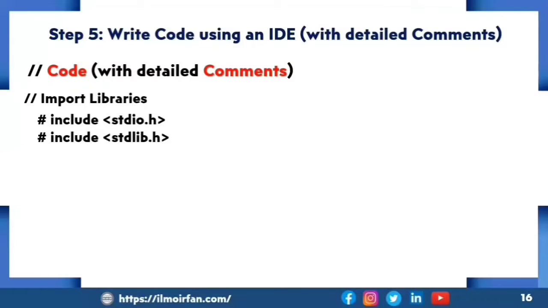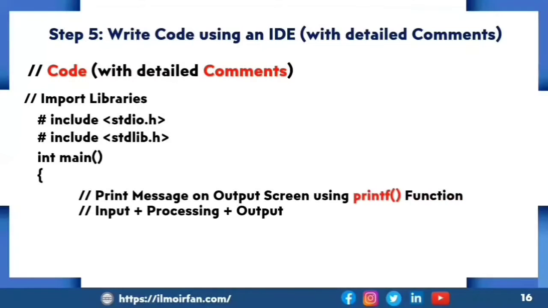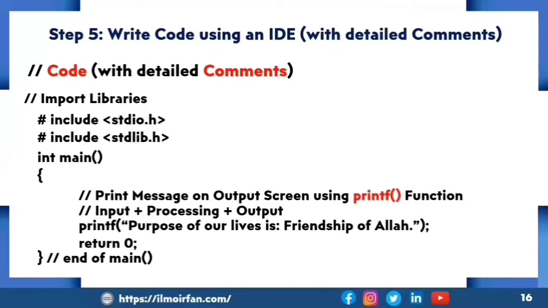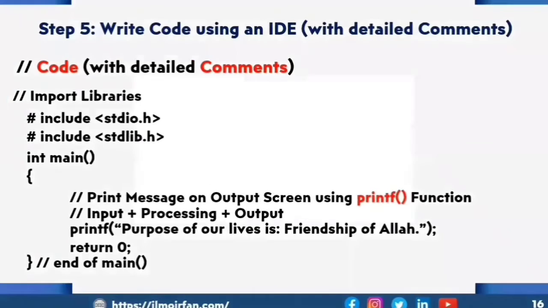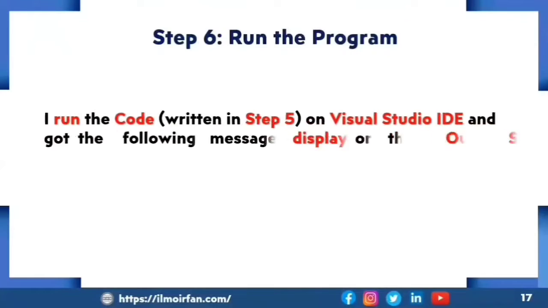Now, in the fifth step, I will write high-quality C code using Visual Studio IDE to solve the problem mentioned in real-world scenario. I have already written the code for you, which is as follows. Please note that // in C programming language is used for single-line comments.